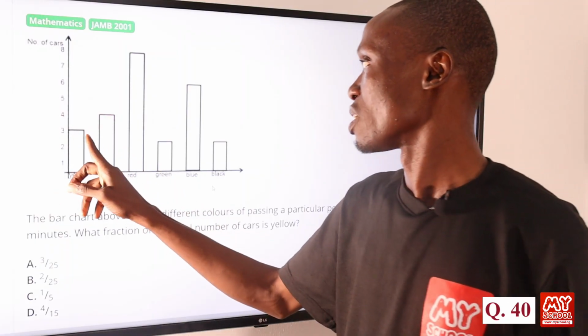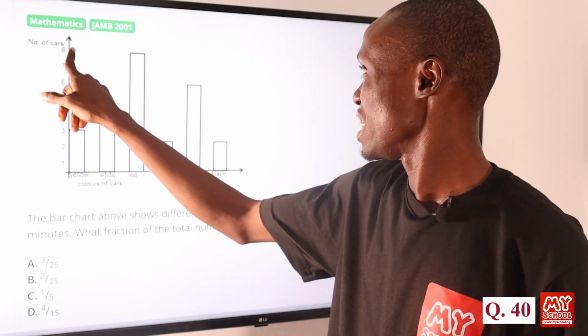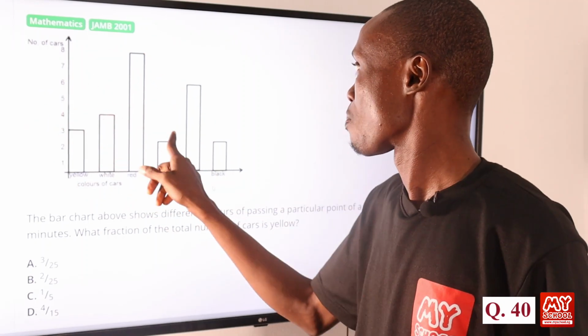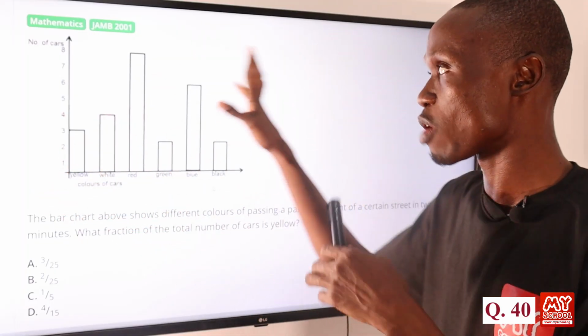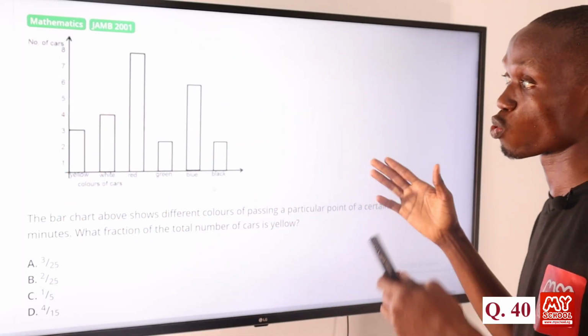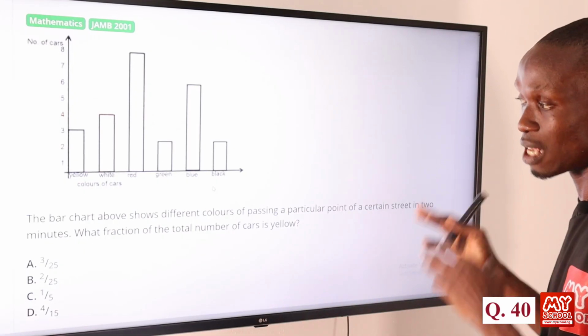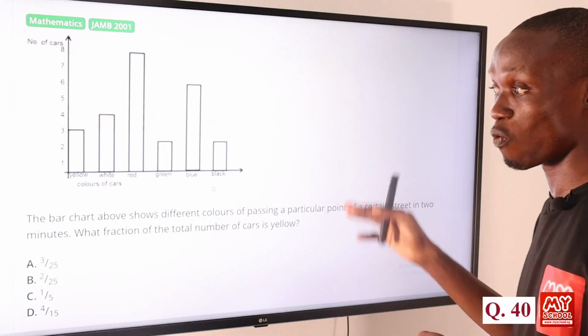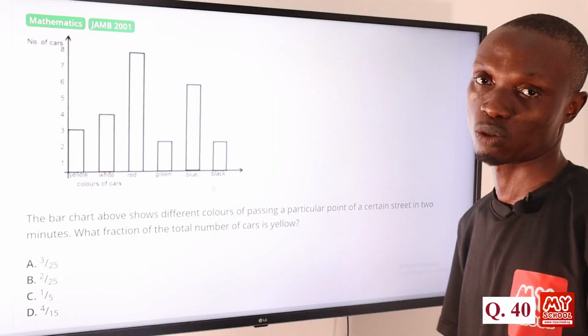Starting from the first bar, which is 3, plus 4, plus 8, plus 6, plus 2, plus 2. If we add all that together, that will be equal to 25. And we are looking for the fraction of the total cars that is yellow, and that will be equal to 3 over 25. So that makes option A the correct answer to this question.